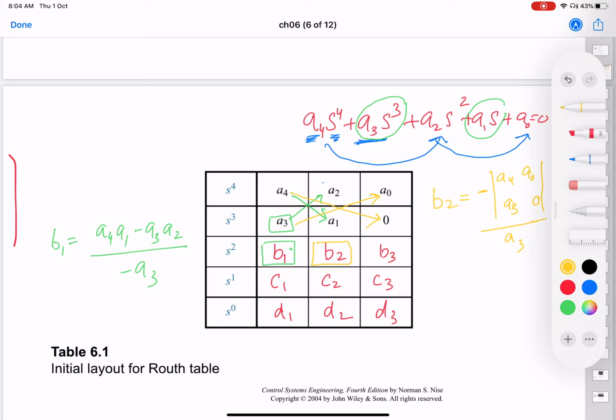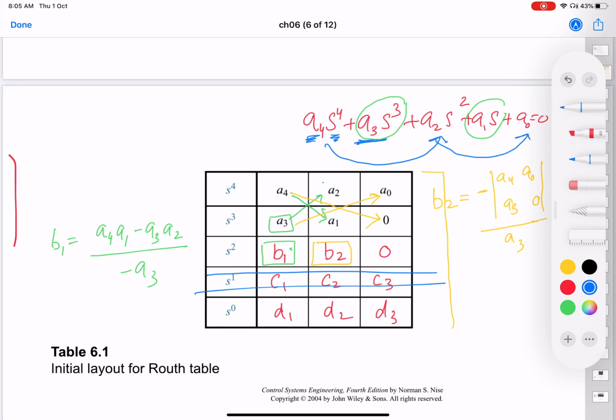Since there is no other column present here, this B3 term would be 0, because there is no other column here. So this term is going to be 0.